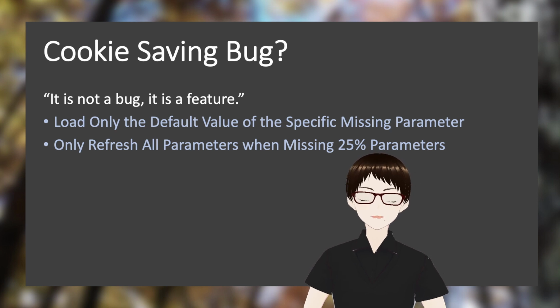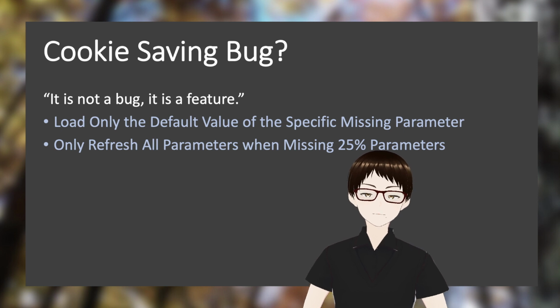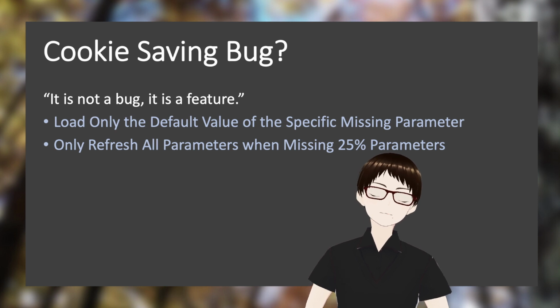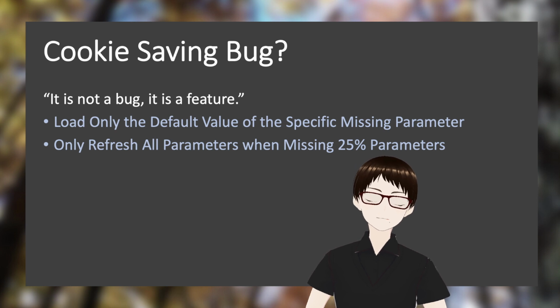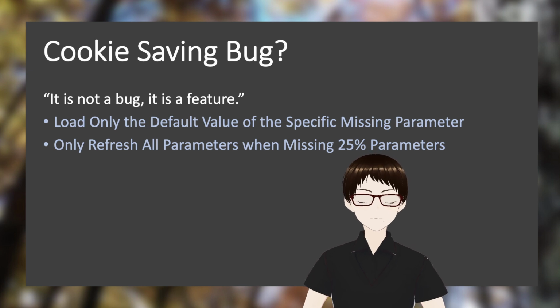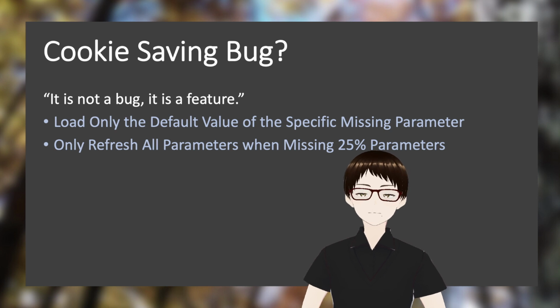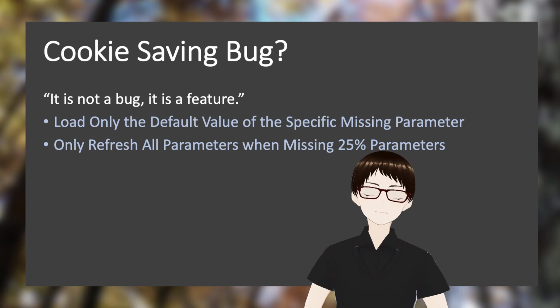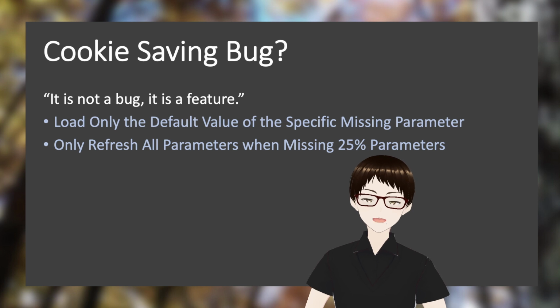That's why this month we are adding this new mechanism. We're slightly changing the structure of how parameters are saved and loaded. If there are only a few missing parameters, we'll try to load their default values. And only when more than 20 to 25% of the parameters are missing, we will reset all parameters. So that when we are updating new parameters into our system, everyone's settings will not be reset.